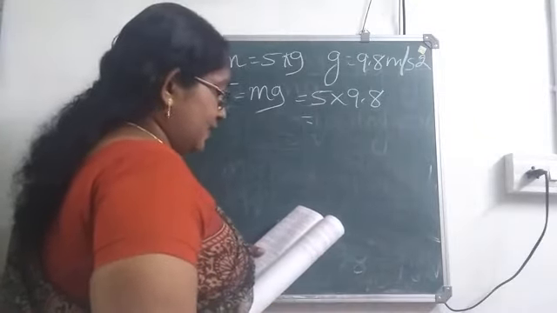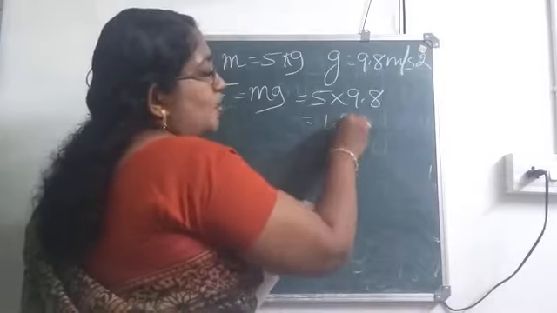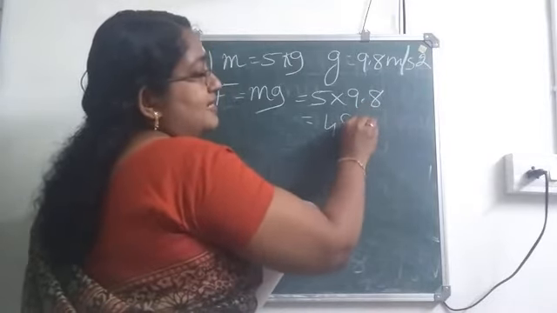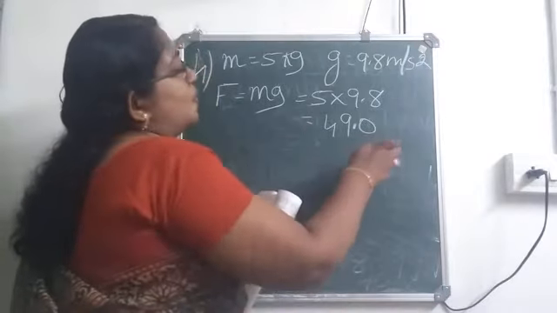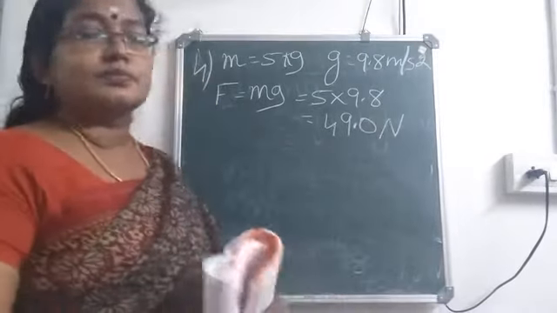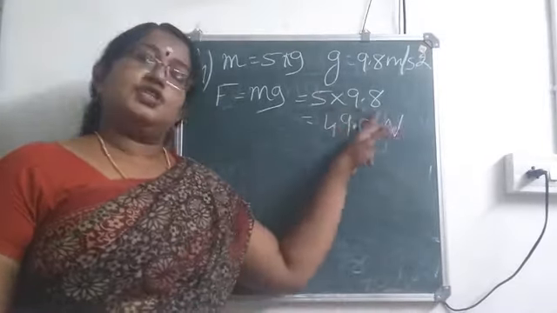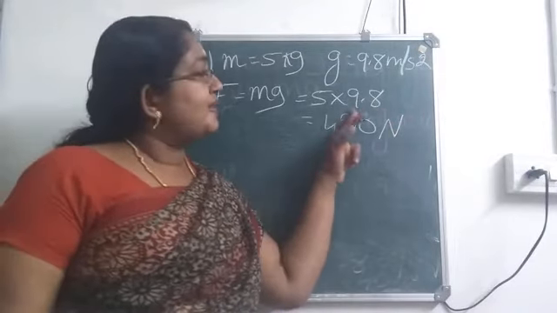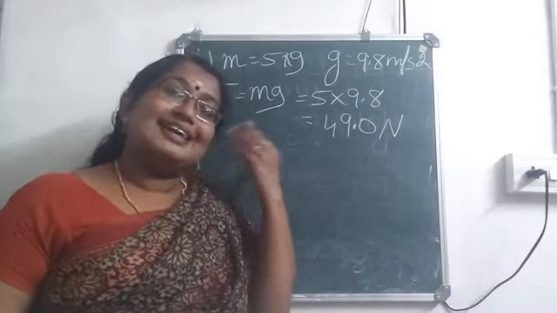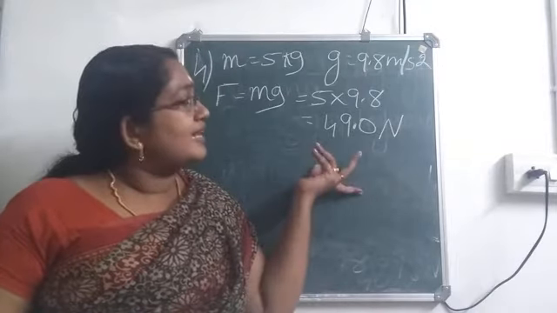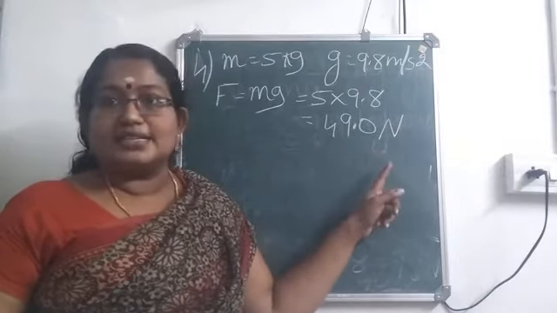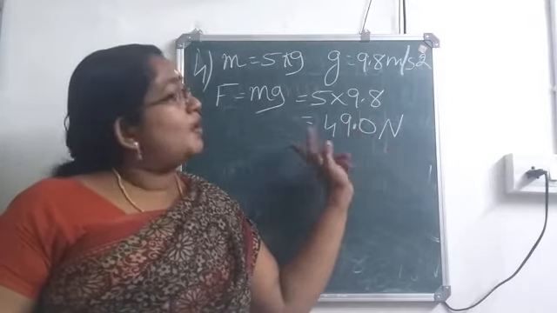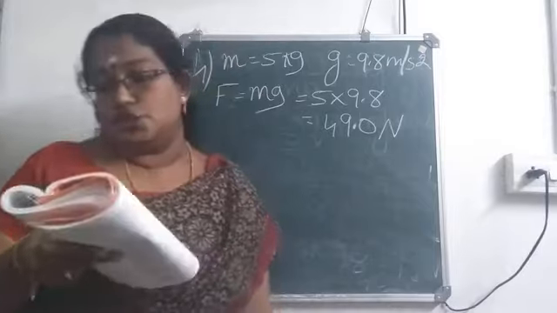You will be getting it as 490. 98 into 5, 490. Since one decimal place is there, here I am putting the decimal point. So the answer is 49 Newton.